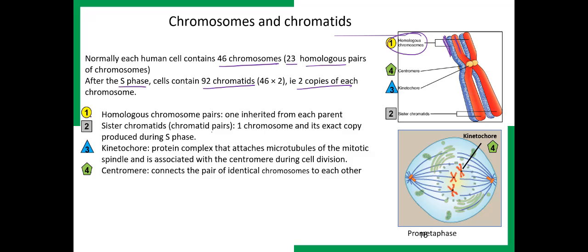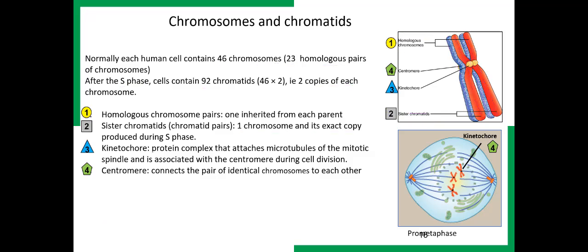When we talk about chromatids or sister chromatids, we're talking about the chromosome and its exact copy. You can see that this is identical to this, right? So you've got a double of the chromosome being formed during the S phase. And the blue one over here is similar to the blue one over there.